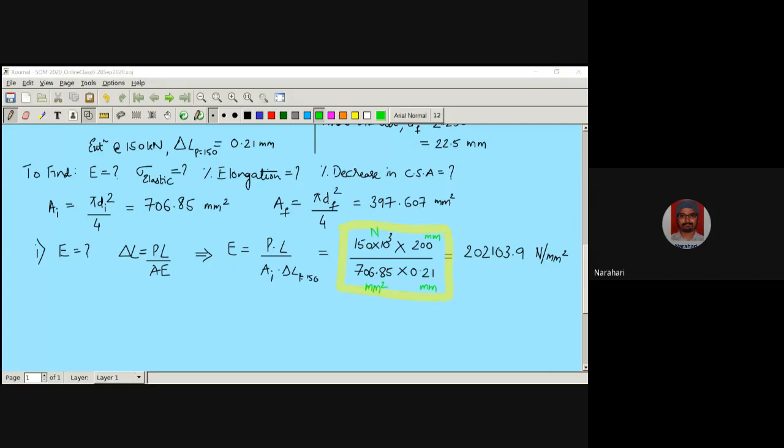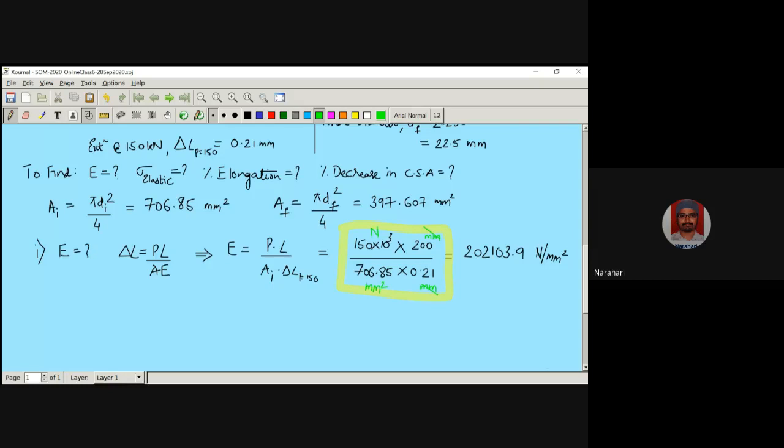Hari Yadav and Sushant responded. Sushant, good. At least you responded, even though I did not take your name. So it is not Pa, it is not Newton per meter square. See, this millimeter and this millimeter cancel out each other.